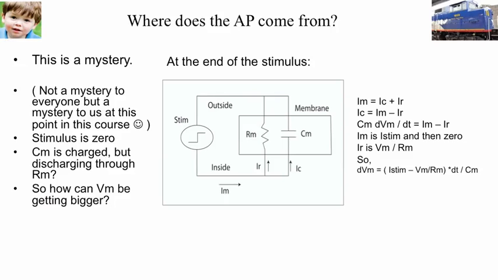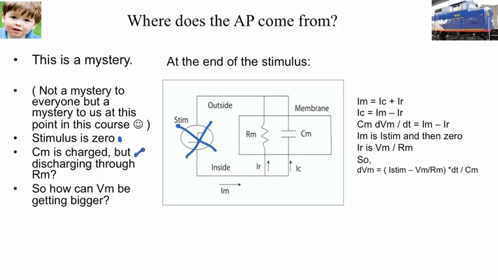The reason that it's a mystery is that the situation as we know it is as follows. The stimulus has come to an end. That means this part is gone. The capacitance is charged.